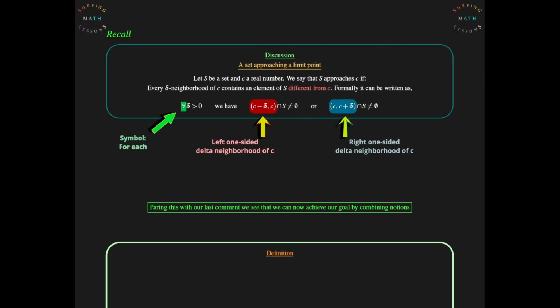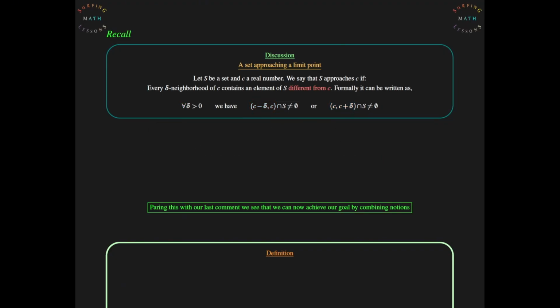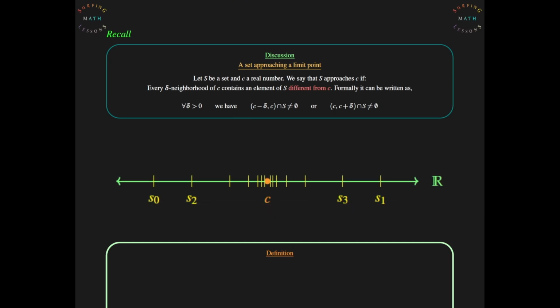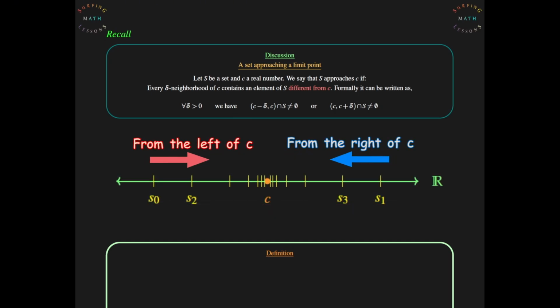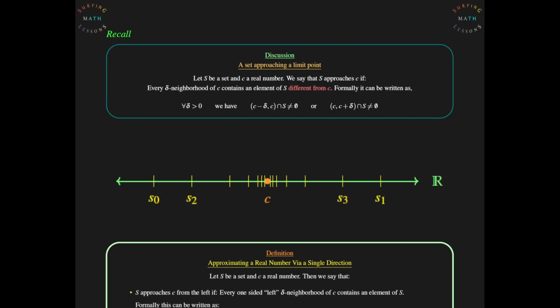Even with this restatement, the definition doesn't give us control on the direction of approximation, like in the following picture. Hence, to achieve our goal, we refine the definition of approximating sets as follows.